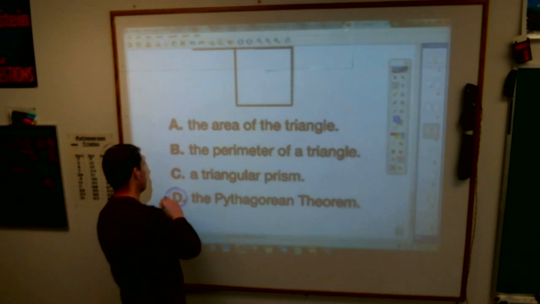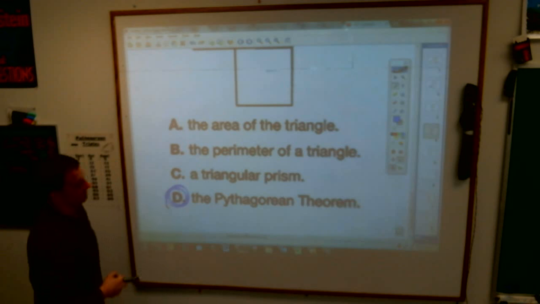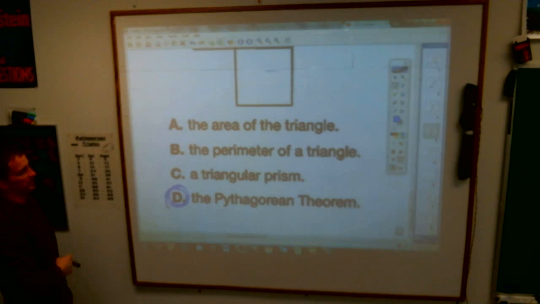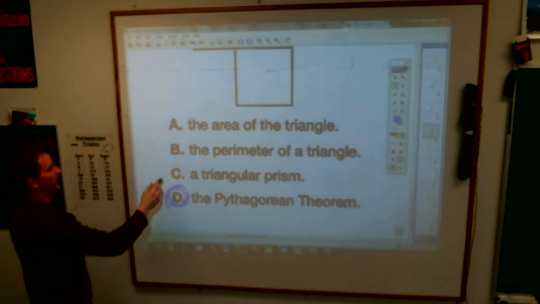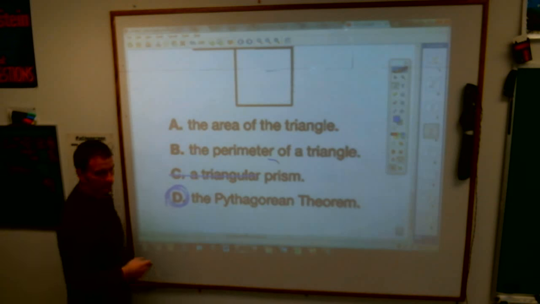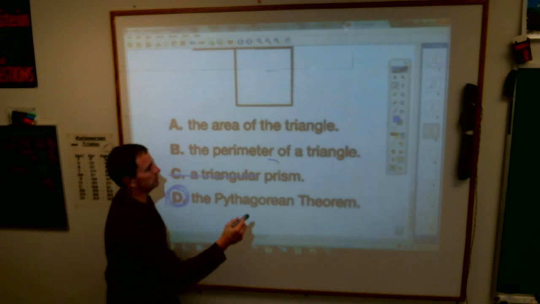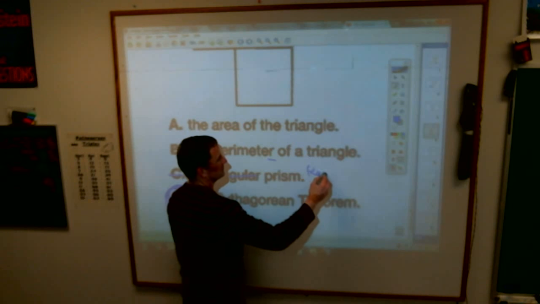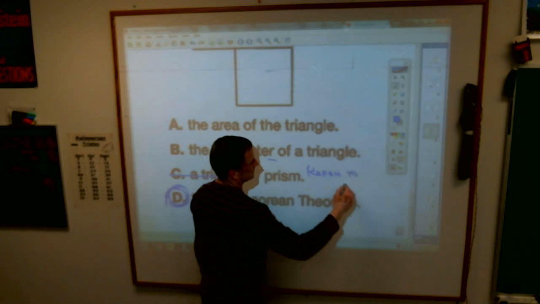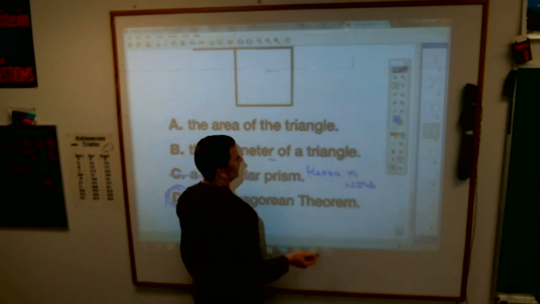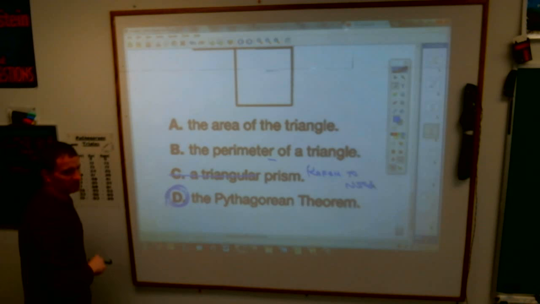It wouldn't make a triangle prism. You can rule this one out. We have a paper that shows. Oh, here, yeah. Refer to notes. There, you have that paper out in case they ask you the same question tomorrow.